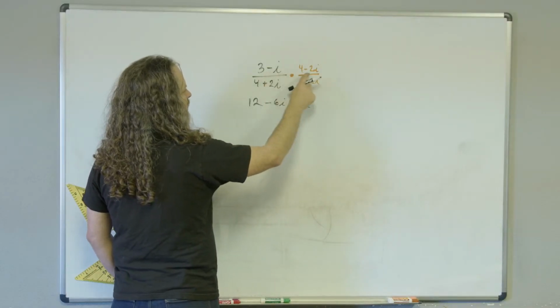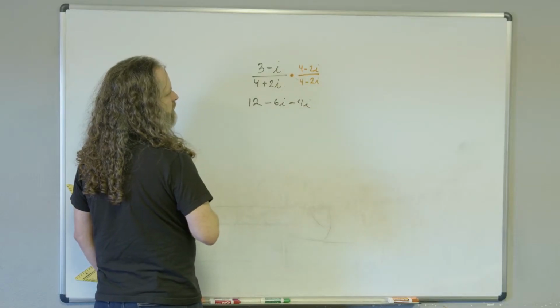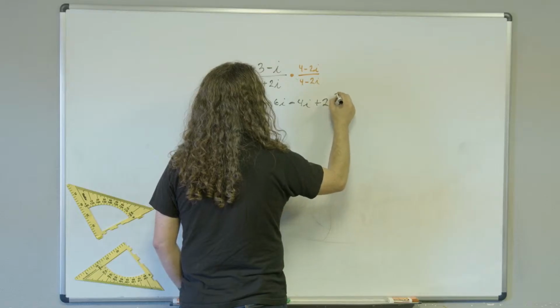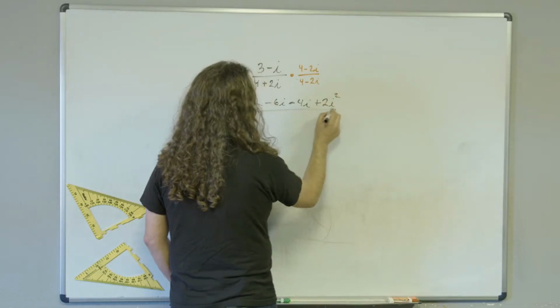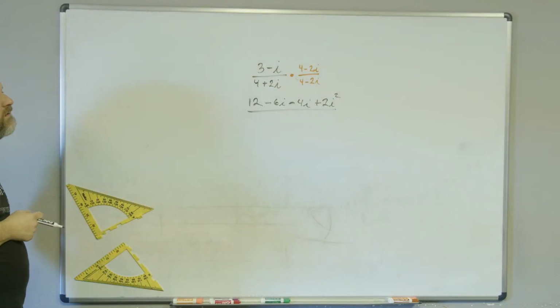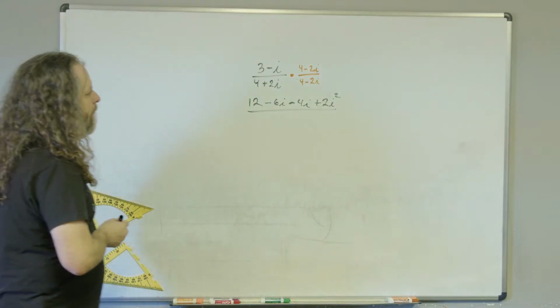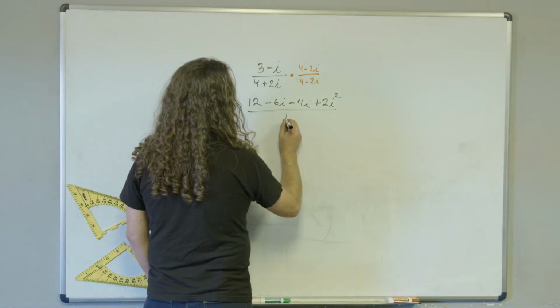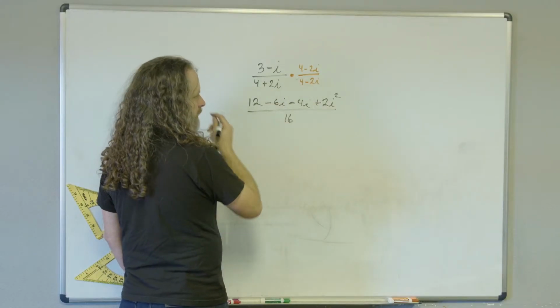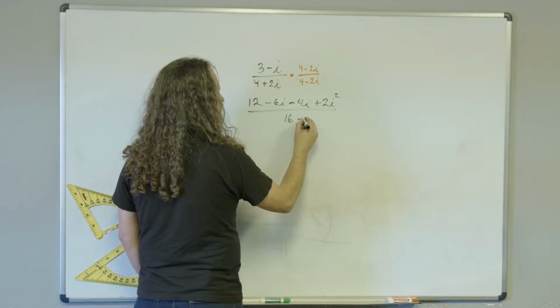And what's negative i times negative 2i? 2i squared. Good. And then in the denominator, what do we have to do? Yeah, just the first and the last, right? That's all we have to do. So what's 4 times 4? 16. And then 2i times negative 2i. It's negative 4i squared.